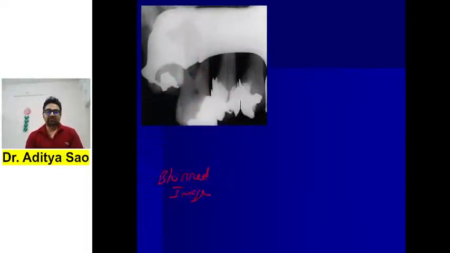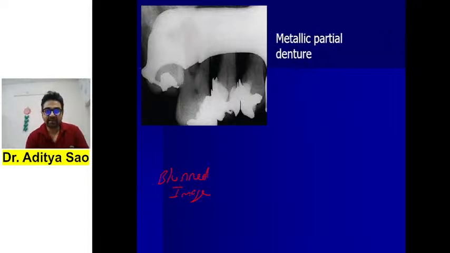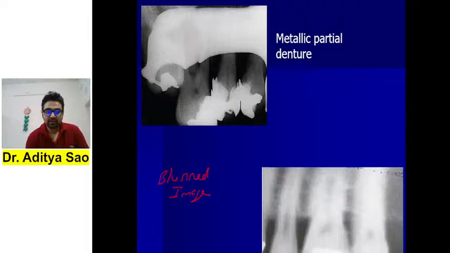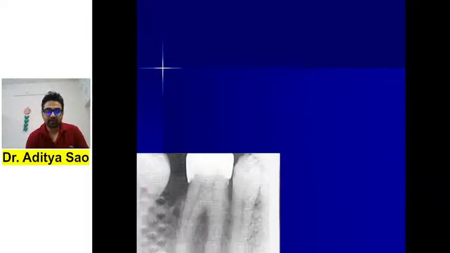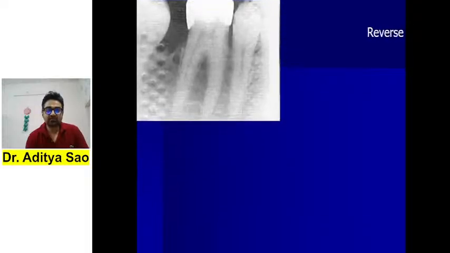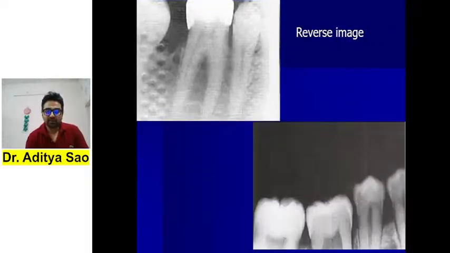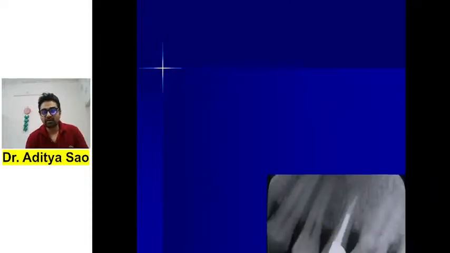So let's revise. This is a blurred image. This is a metallic partial denture. This is a blurred image. This is a reverse film. This is apices cutoff or apex cutoff.